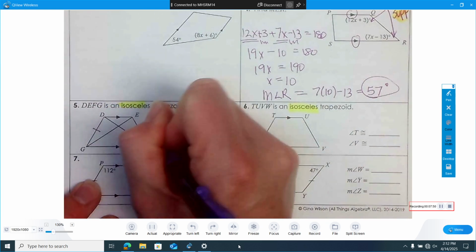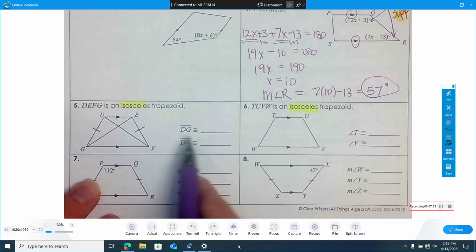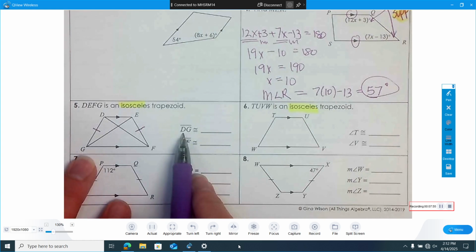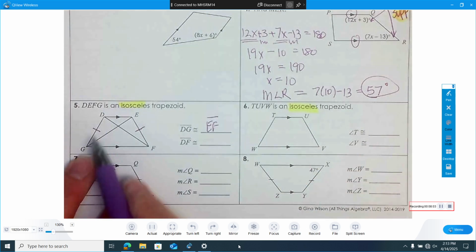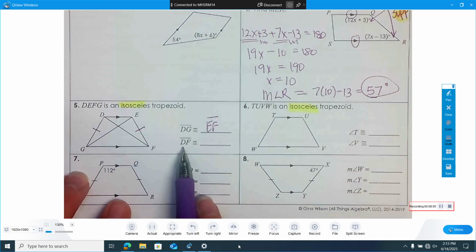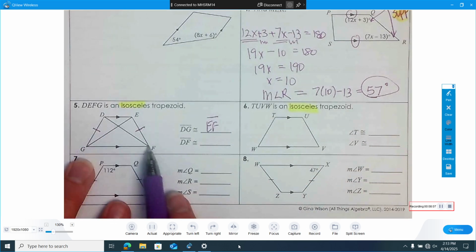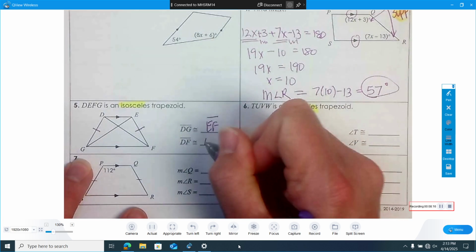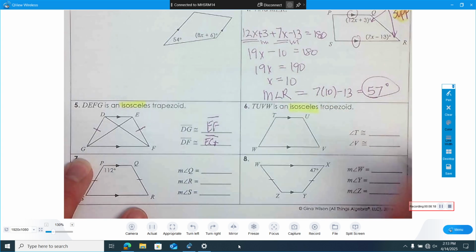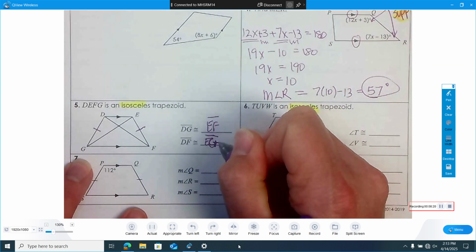Yeah, the legs are congruent. So segment DG is congruent to segment EF. DF is the diagonal. What is it congruent to? EG, the other diagonal, segment EG.